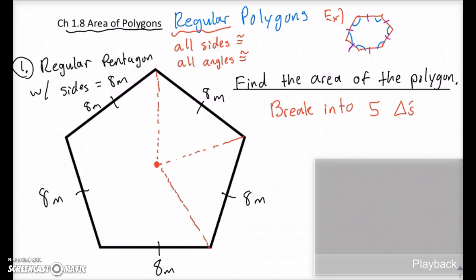Vertices is just a fancy word for a corner. So let's create your 5 triangles here. Since this is a regular pentagon, all 5 of these triangles that we just drew are congruent to each other.